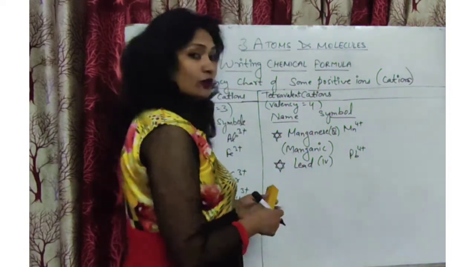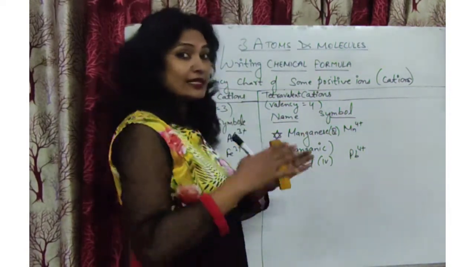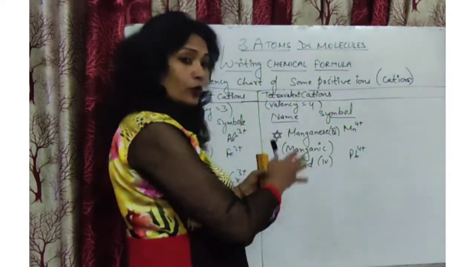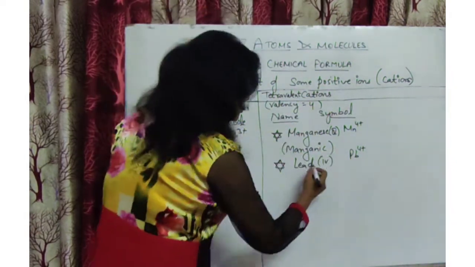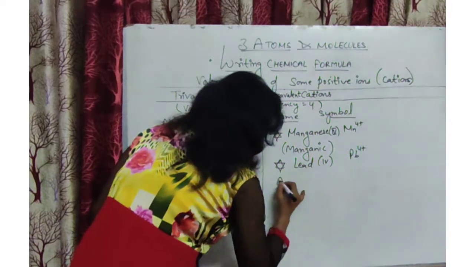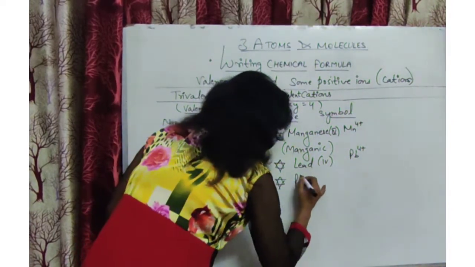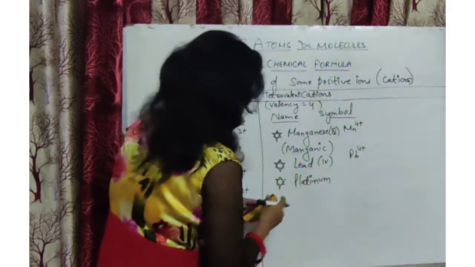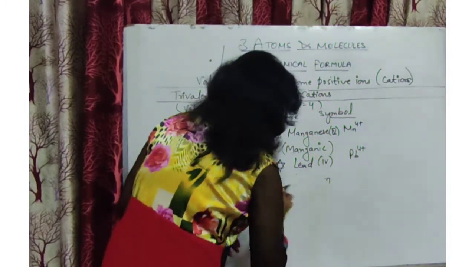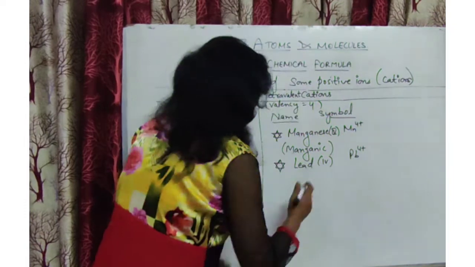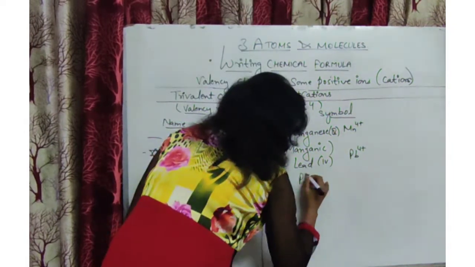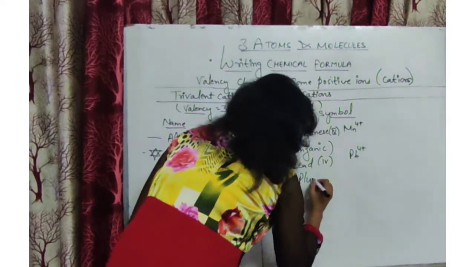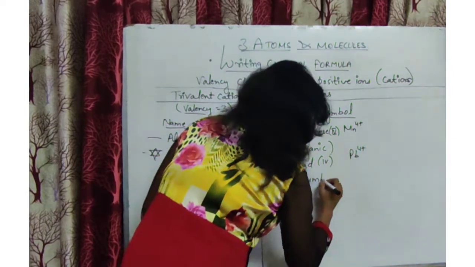So these are the 4 elements whose valencies are variable and 2 and 4 valencies are there. So here lead, then platinum, and the name of the lead also we will write first. What is the name? Plumbic.